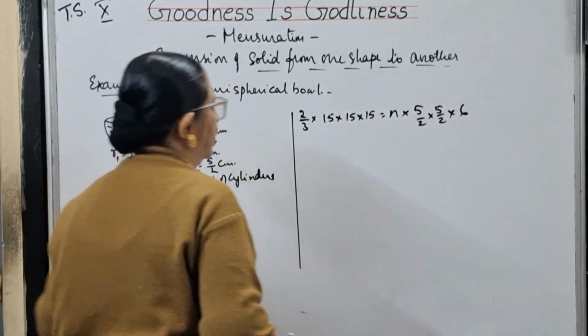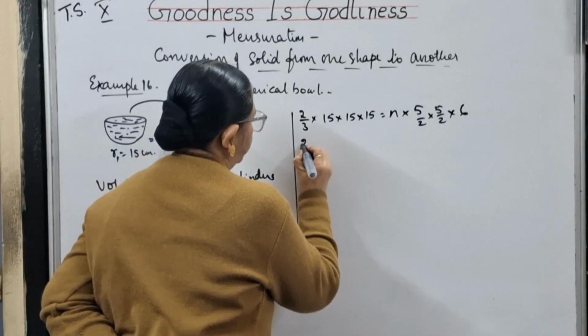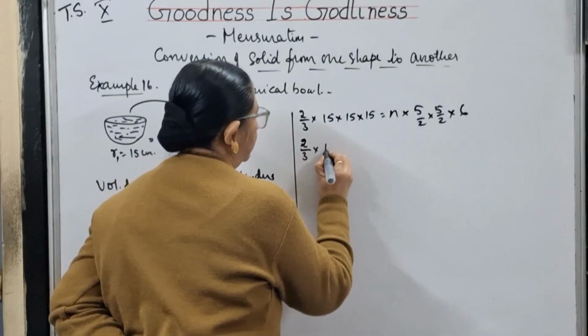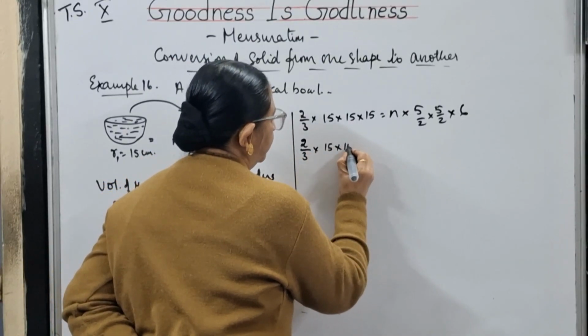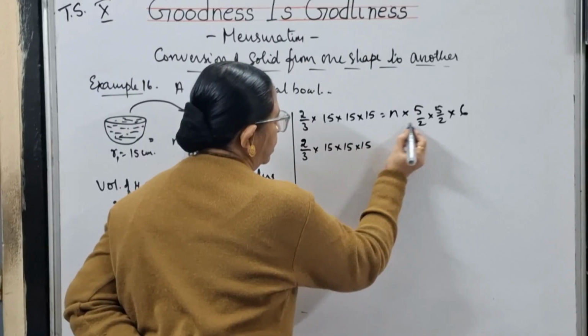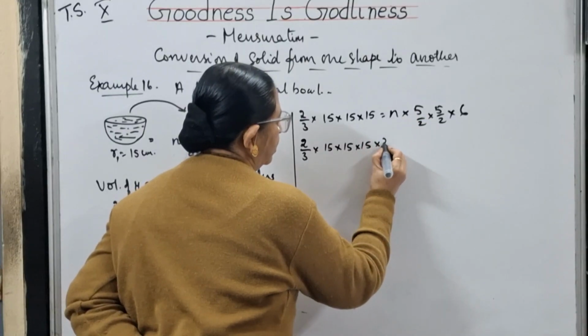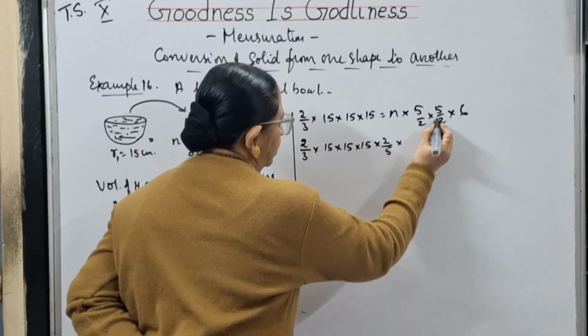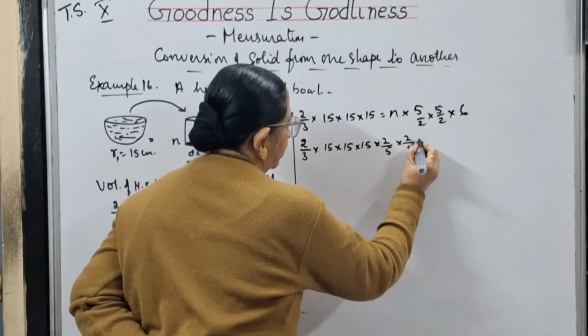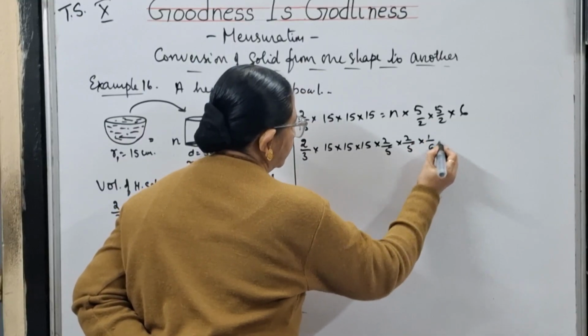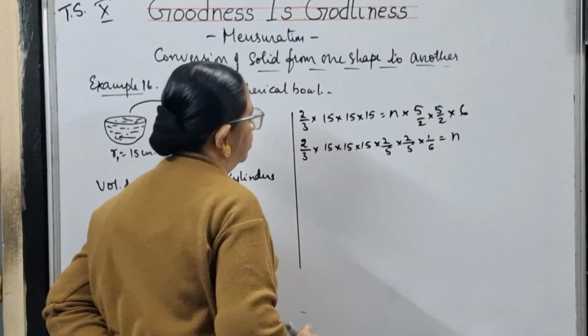So I want the n value. That means 2 by 3 into 15 into 15 into 15; 5 by 2, when it comes here, becomes 2 by 5, again 2 by 5, and 6 becomes 1 by 6. This is equal to the n value.